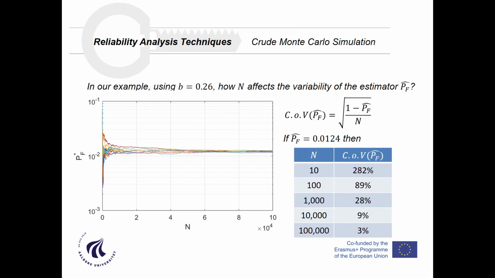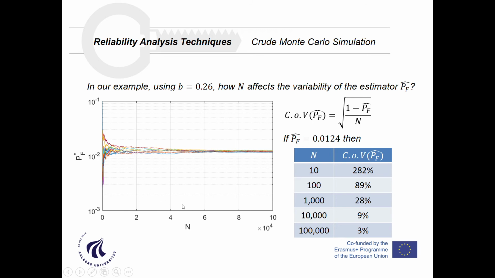Because we are simulating random numbers, every time we perform a crude Monte Carlo simulation analysis, we're going to obtain a totally different result. These lines here represent different runs of Monte Carlo simulation.